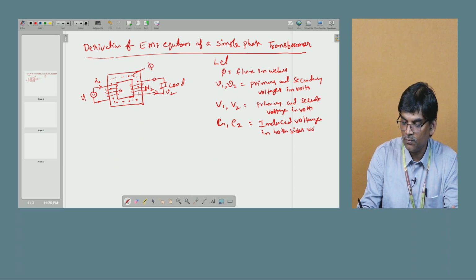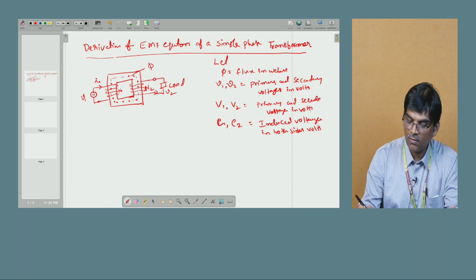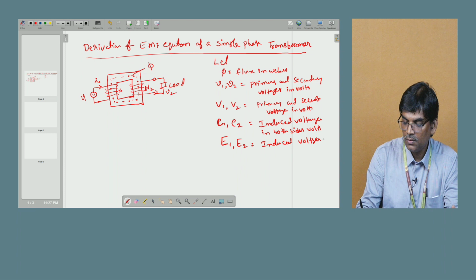They are also measured in volts, but these are the instantaneous values. Similarly, effective values are also considered here: E1 and E2 are called the induced voltages on both sides, in volts.